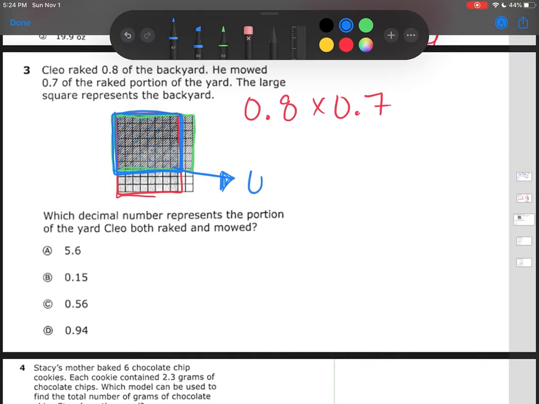Remember, each square represents 1/100th, so that would be 56 hundredths, which would be 0.56. 56 hundredths, which is C.